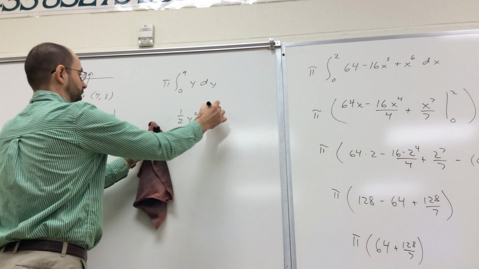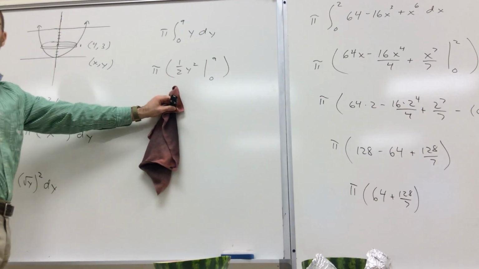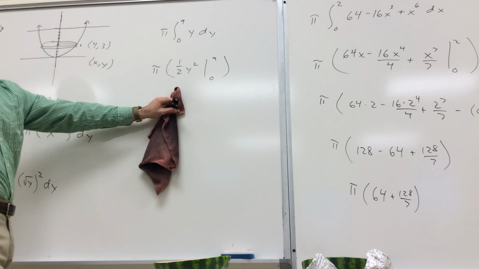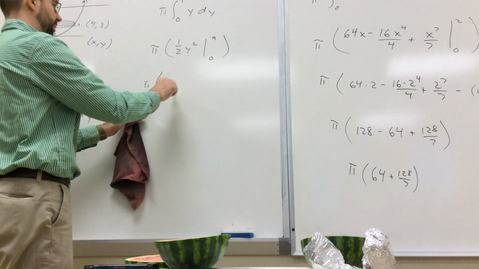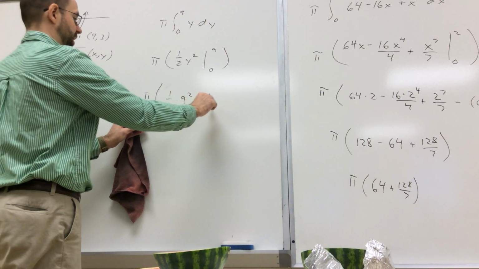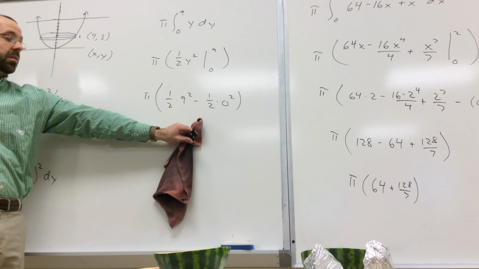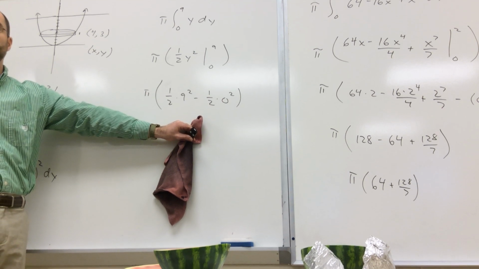We're going to calculate that from 0 to 9. Then you plug a 9 in, plug a 0 in, subtract. So that's pi times 1/2 times 9 squared minus 1/2 times 0 squared. So 81 pi over 2.